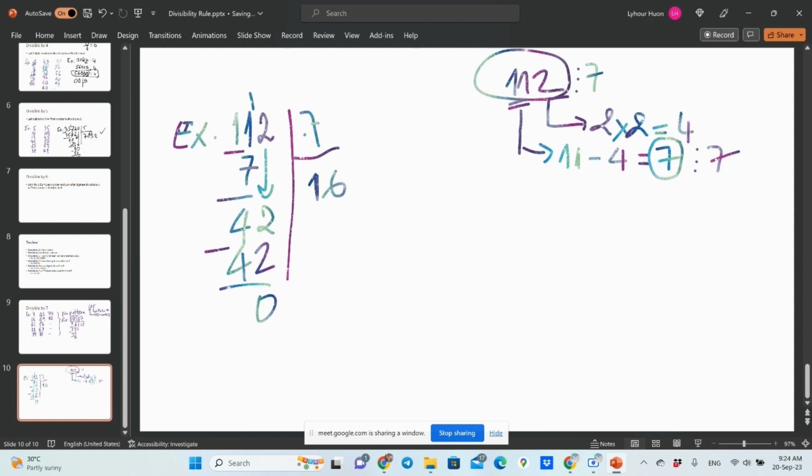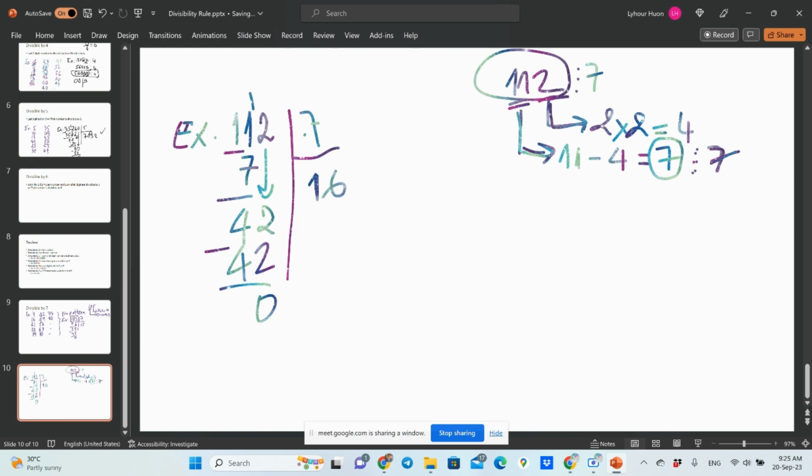So this is quite challenging for 7s, but that is the rule that we notice. If we double the last digit and subtract it from the rest of the digits, and the result is divisible by 7, then the number is divisible by 7. We multiply the last digit by 2 and subtract that from the rest of the digits.